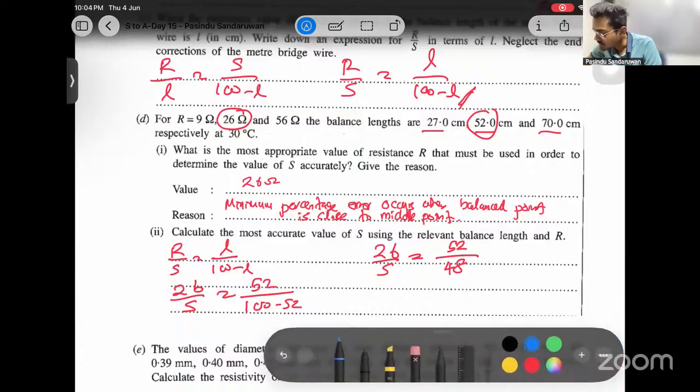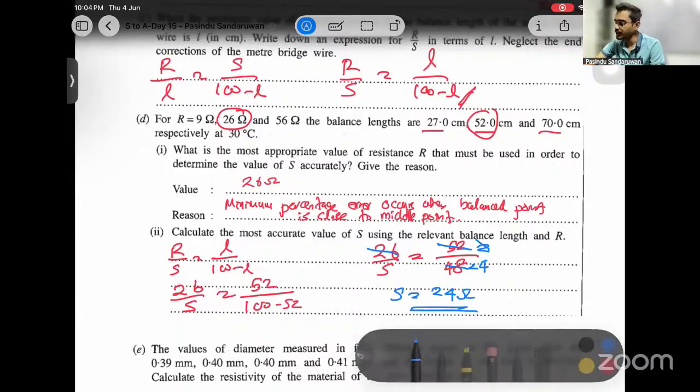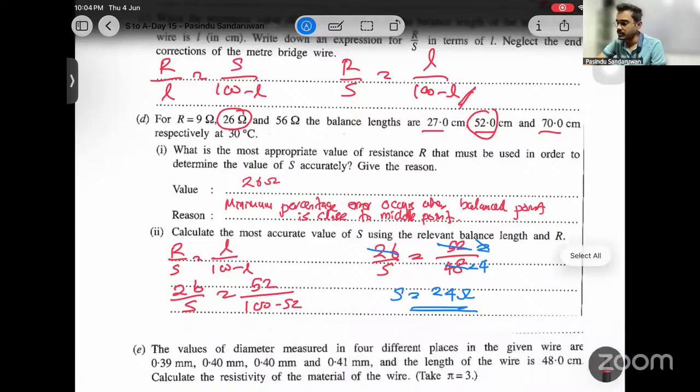This is cancelable: 26 times 2 is 52, so S is 24, which means S equals 24 ohms. It's a normal calculation.